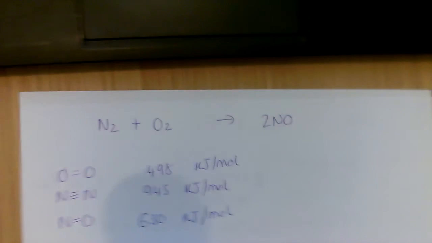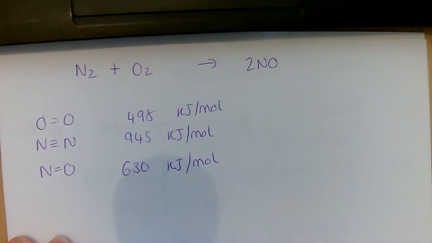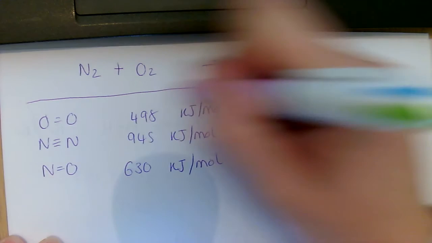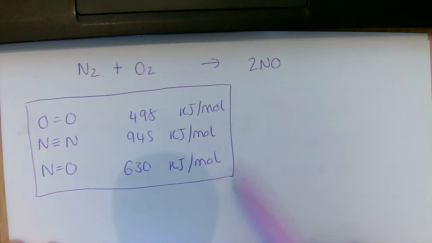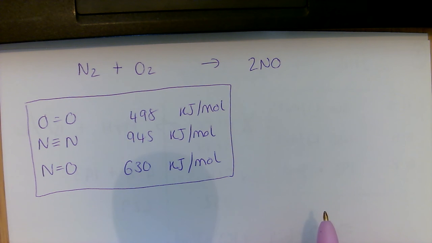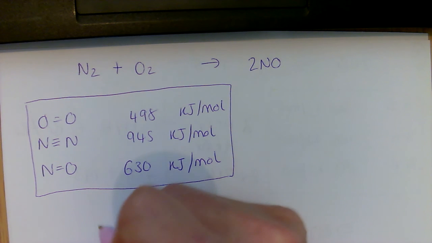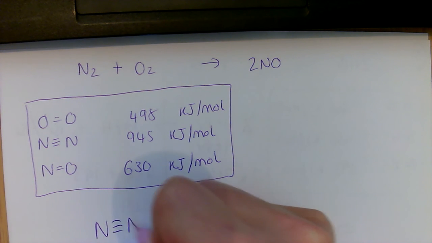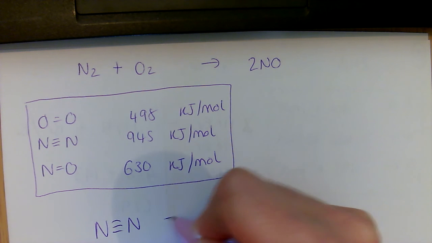Okay, so finally then, another one for you to have a go at. So there's our values. And this time we've got nitrogen and oxygen reacting to produce nitrogen monoxide. I'll draw this out for you because this one is slightly complicated. It's got a triple bond, so the nitrogen is triple bonded to another nitrogen.